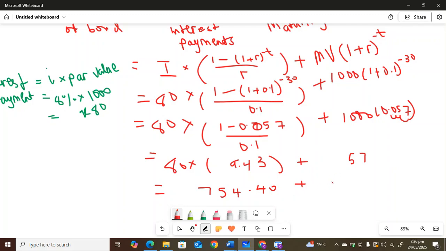So 754.4 plus 57 is 811.40. So this is how much the bond should sell for: 811 kwacha point four.